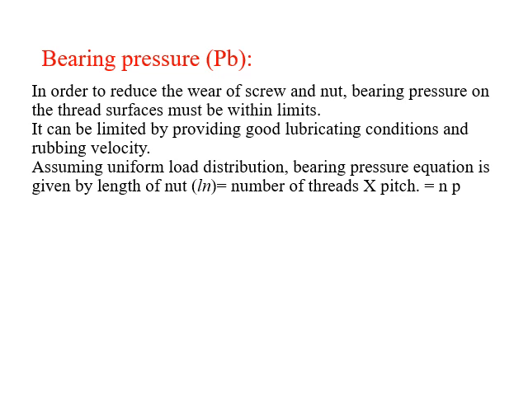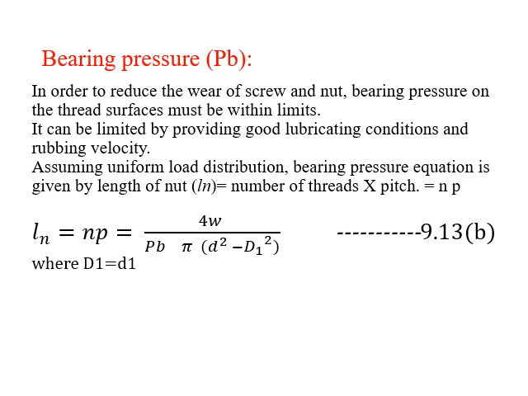The bearing pressure equation is given by the length of the nut Ln, which is the number of threads into pitch, nothing but N into P. So you can rewrite Ln is equal to N into P is equal to 4 times W divided by Pb, where Pb is the bearing pressure, into π into (d² − d1²).